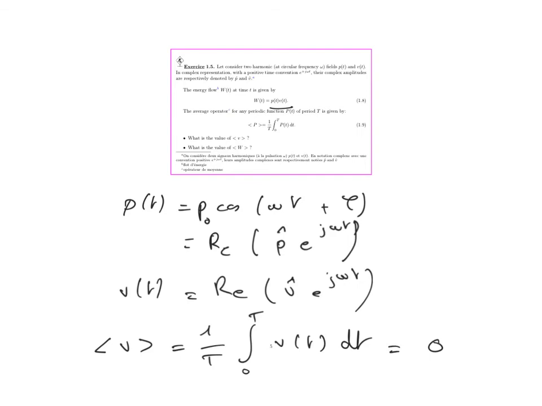More interesting is the second question, which is to find the average value of w of t, which is 1 over T times the integral between 0 and T of p of t multiplied by v of t.